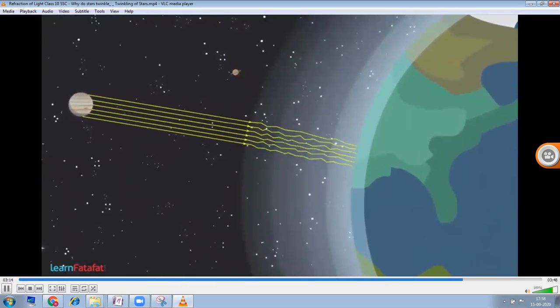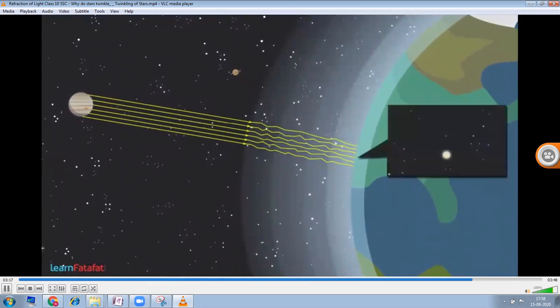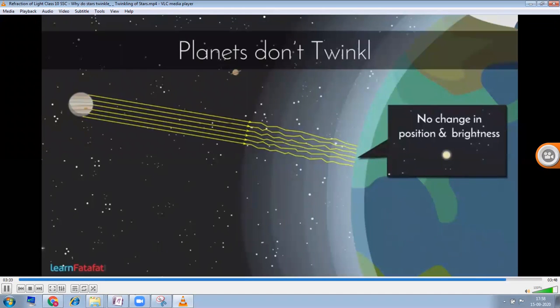But while reaching the observer, they nullify each other's effect. That means neither the position of the planet changes nor is there a change in the brightness of light coming from them. The intensity of incoming light does not change. It remains constant, and so planets don't twinkle.